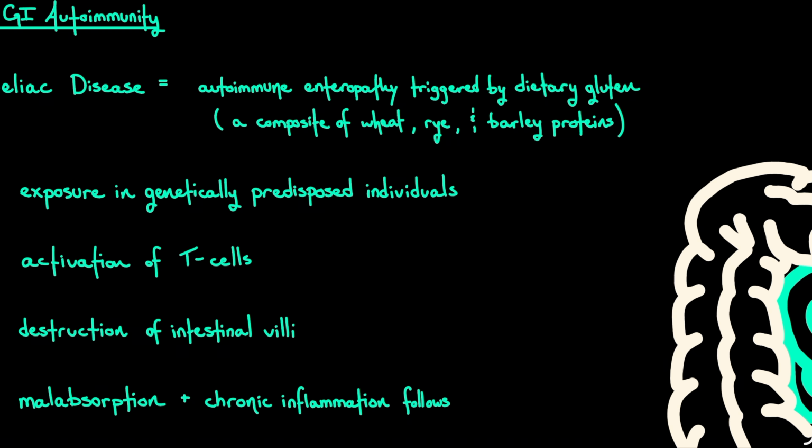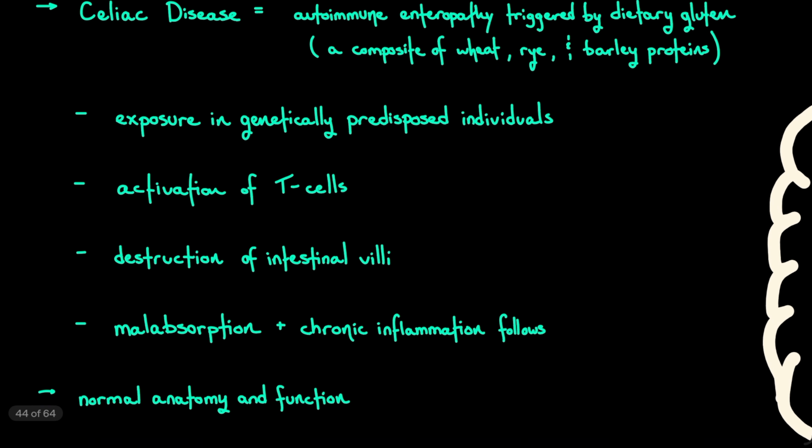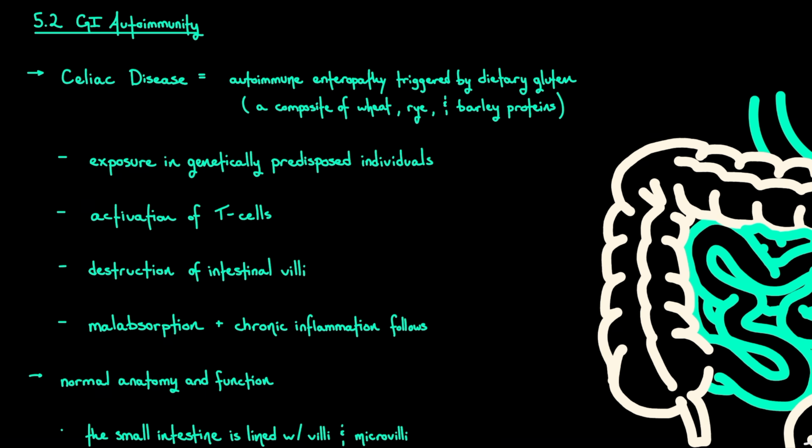And that autoimmunity is caused by dietary gluten. What is gluten? A composite of wheat, rye, and barley proteins. So if you know anything about food production in general, that knocks out like 90% of things, right? The gluten's everywhere, absolutely everywhere. So, what's the deal here?